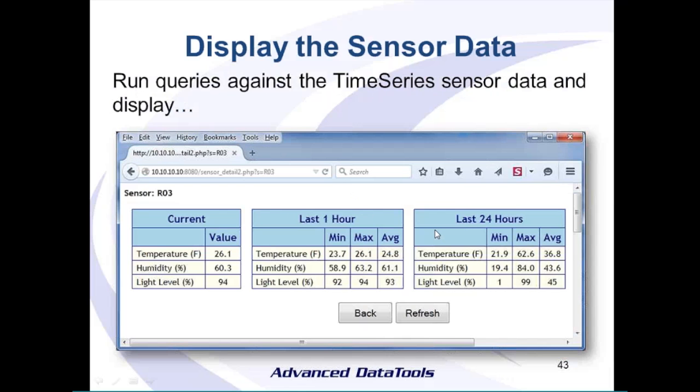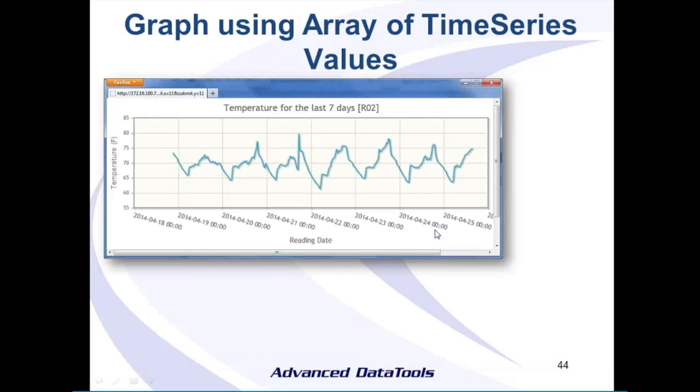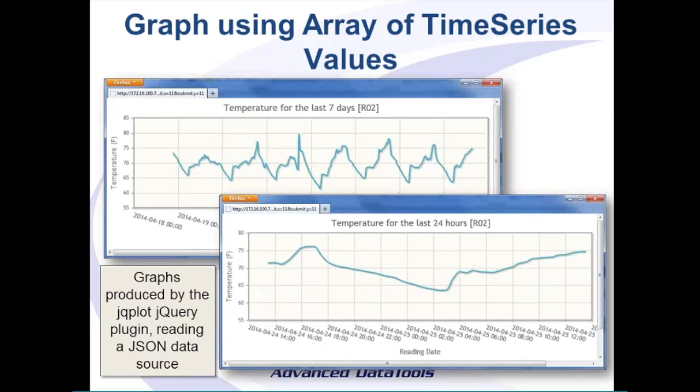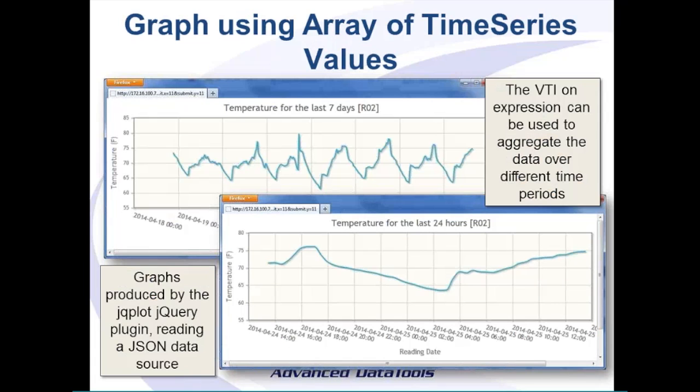And I've got examples of those in the slides. So I was using jqplot, a jQuery plugin, and I'm sending it JSON formatted data. I also use those VTIs on the expression I explained earlier, where I can average the values by hour or by day.